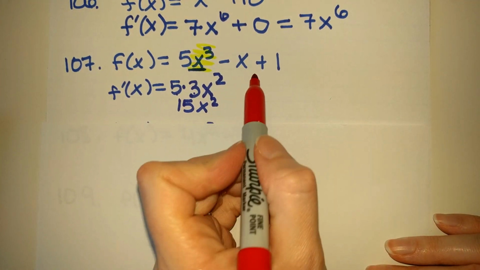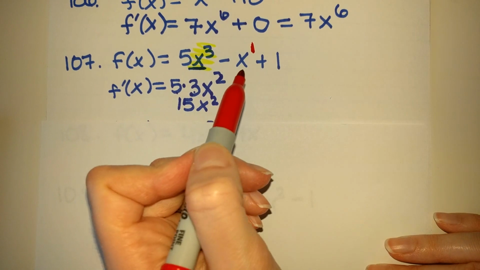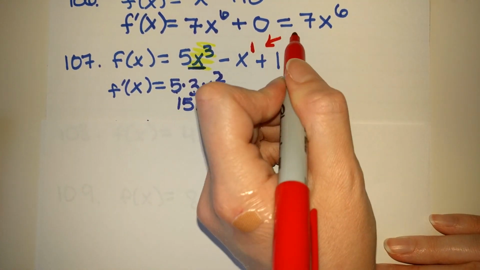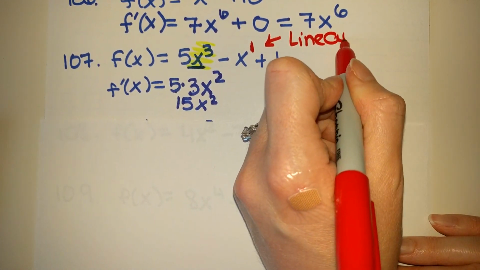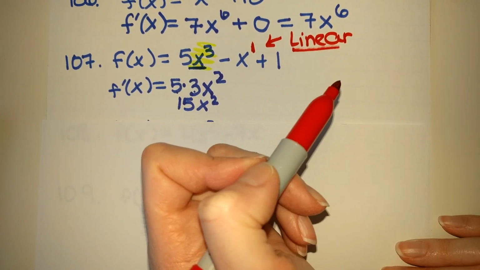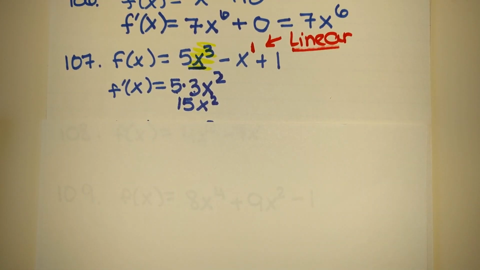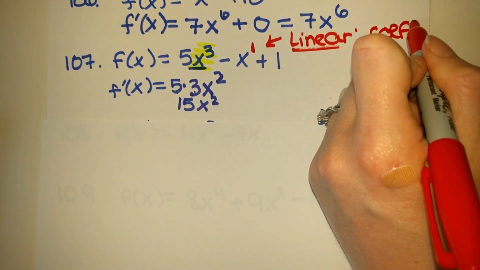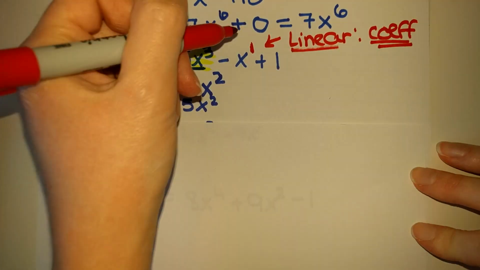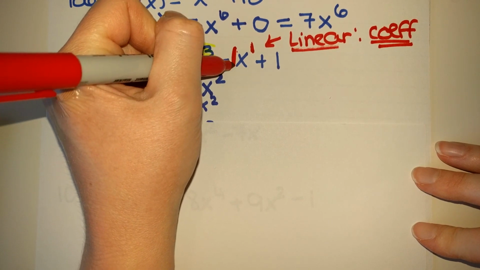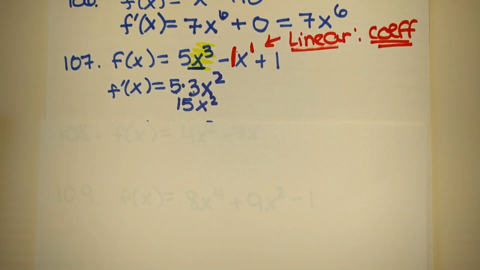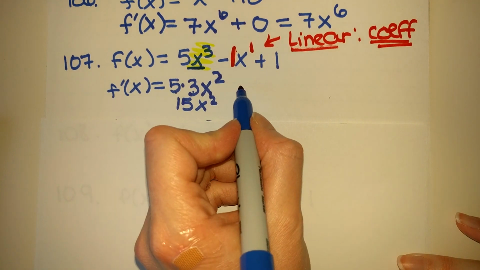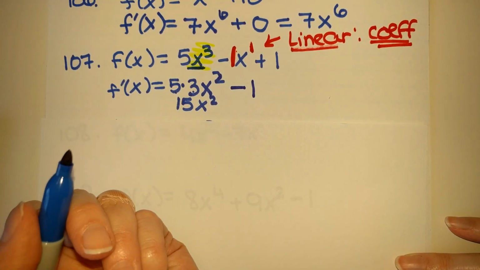Now, the second term we see is x to the 1st power. And that's a very important thing to notice, that it's to the 1st power, because that tells us that we have a linear term. And anytime we have a linear term, we discussed that our derivative will simply be the coefficient. So the coefficient in front of this negative x is understood to be -1, so the derivative is the coefficient when we have a linear term, so we'll have -1.